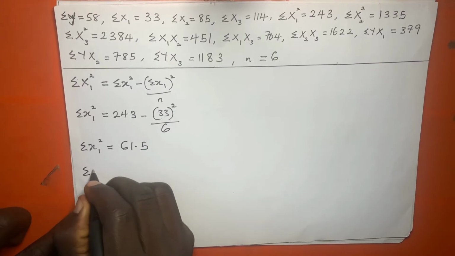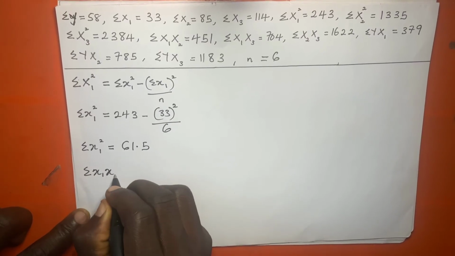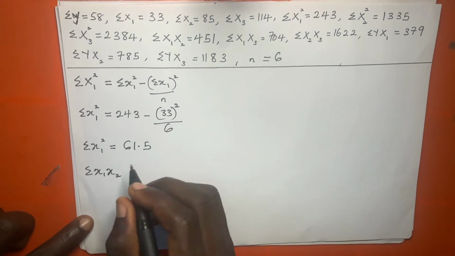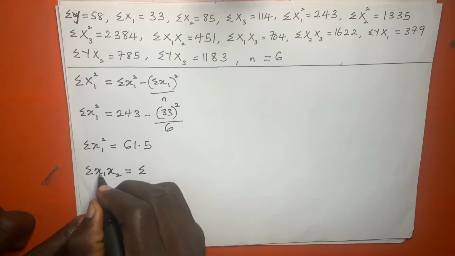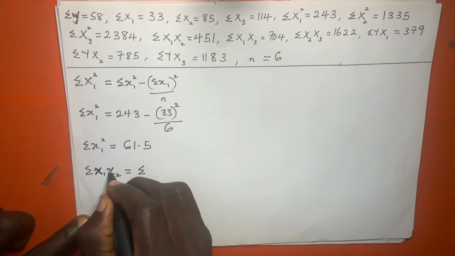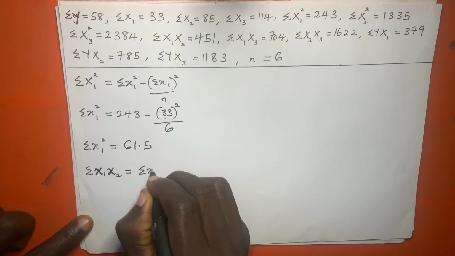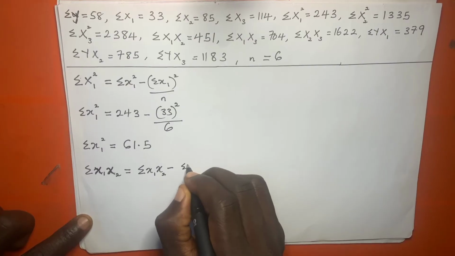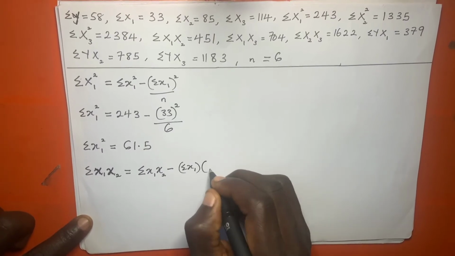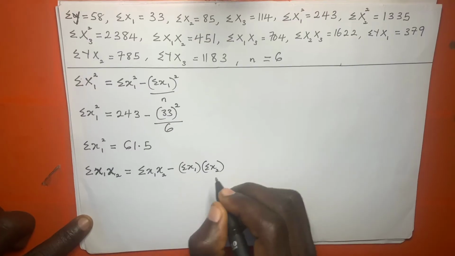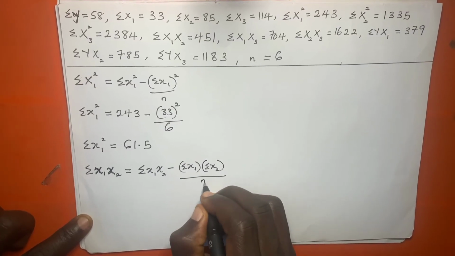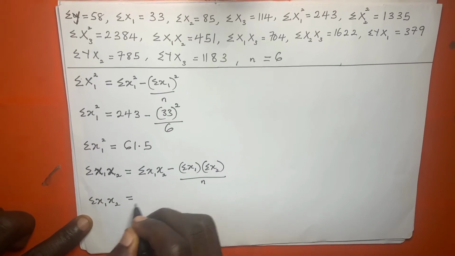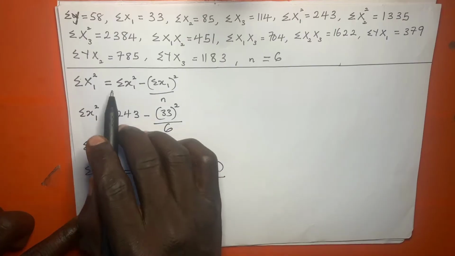Now we need summation x1 x2. Sorry, I'm supposed to use capital letter here. So this is going to give us summation x1 x2 minus summation x1 into bracket summation x2 bracket close divided by n. So here we're going to have summation x1 x2 equals summation x1 x2 from here.